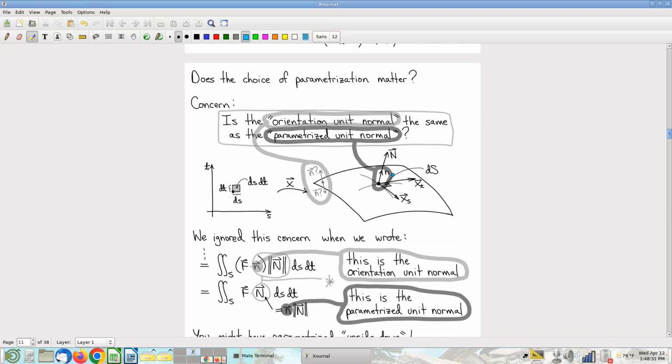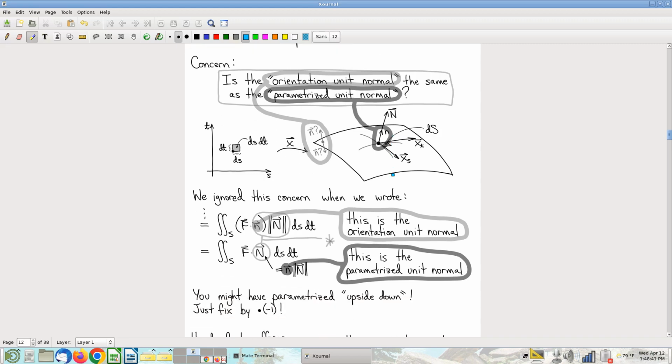So I asked the question, does the parameterization matter? And in a lot of ways, no. But there is one critical way in which the parameterization does matter. And it's a lot like the story with vector line integrals. Namely, which direction you go matters, right? So when you parameterize for line integrals, you have to parameterize in the same direction that your curve is going.